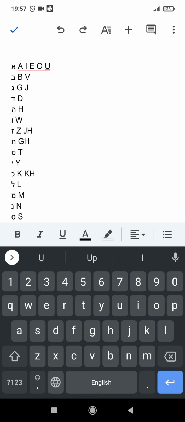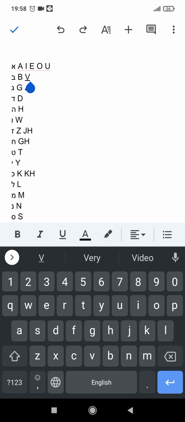So let's start. Aleph, A, I, E, O, U. Those are the sounds that the letter Aleph can make, and it will depend on the word.